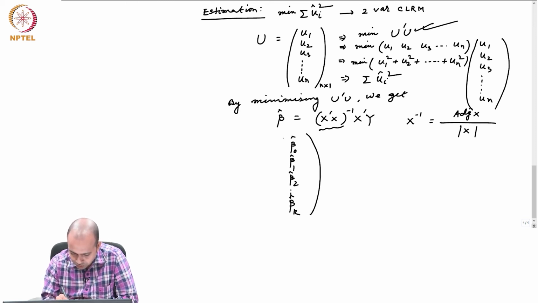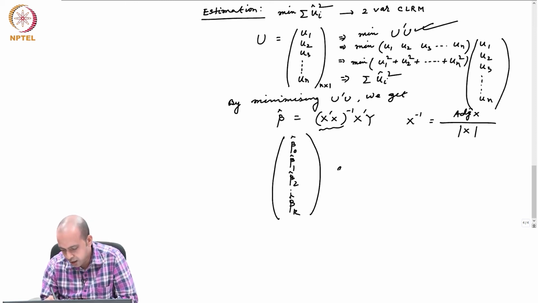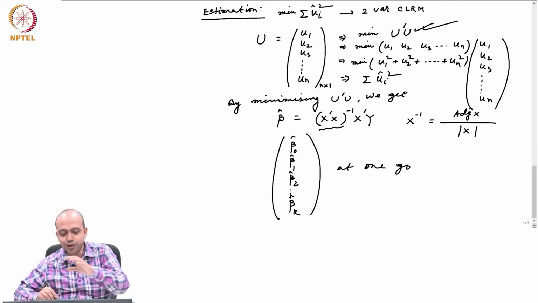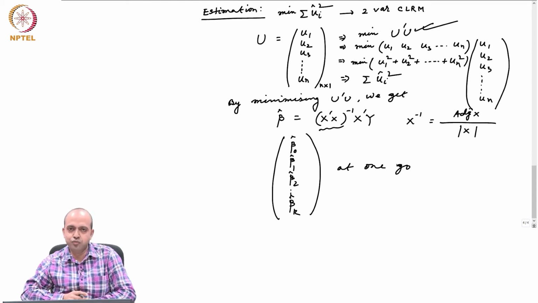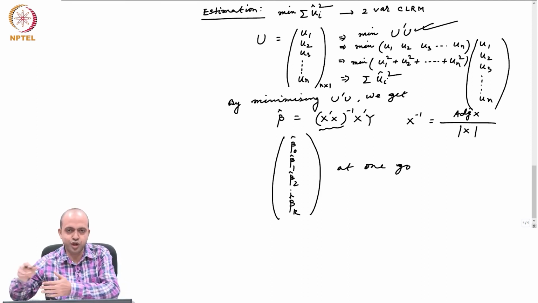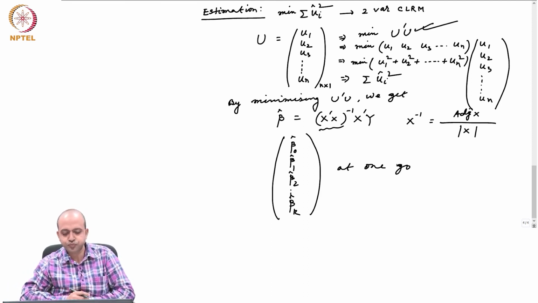Everything we get at one go. We do not have to apply the formula summation xi minus x bar yi minus y bar divided by summation xi minus x bar whole square k times.